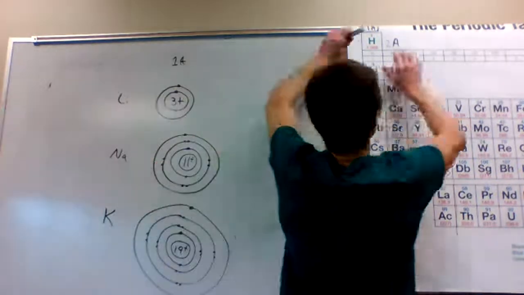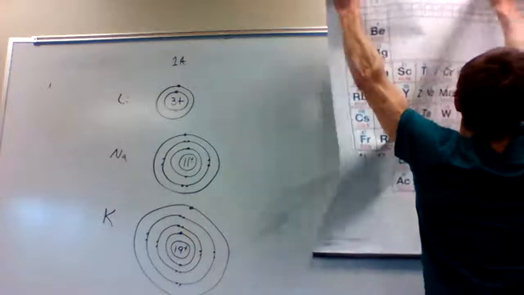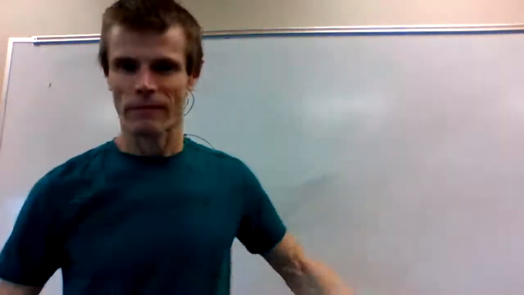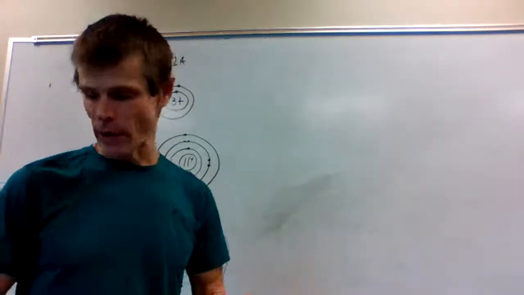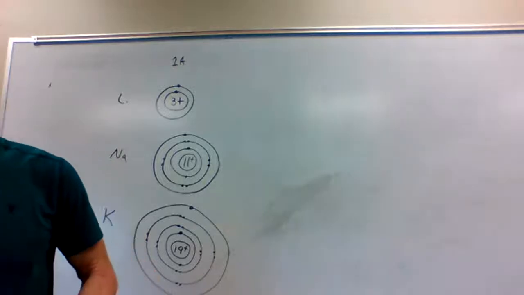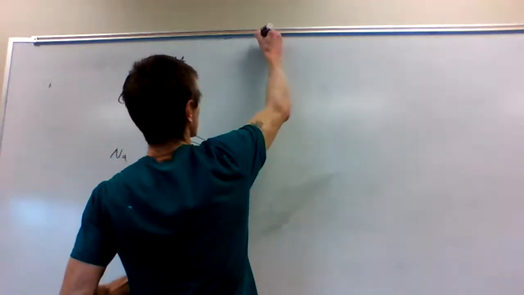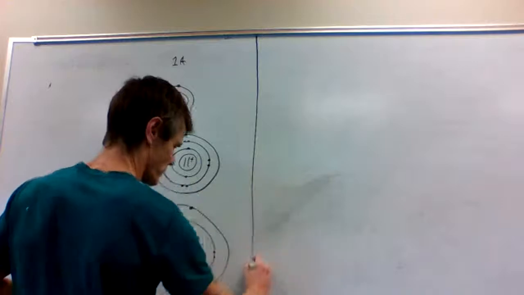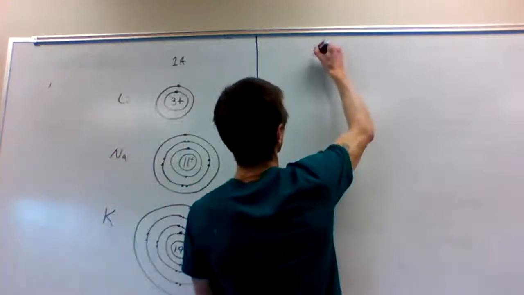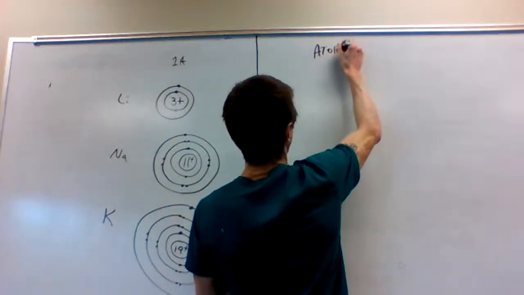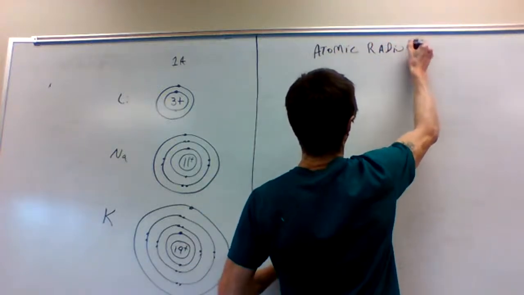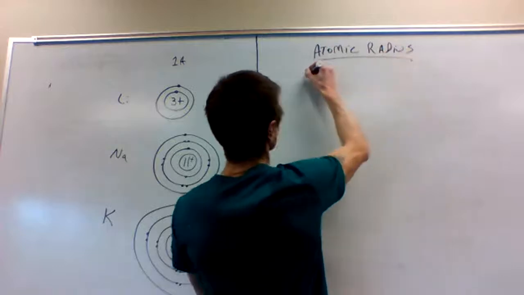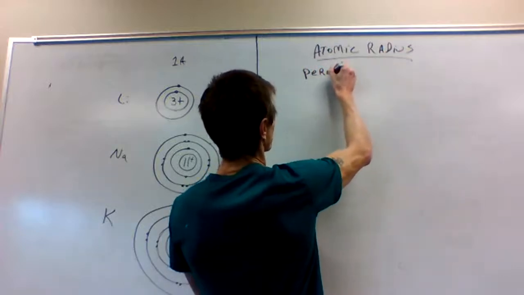And let's discuss atomic radius. And that's a second periodic trend we're going to look at. I'm going to leave this up right here. Atomic radius. And we're going to look at the periodic trend in atomic radius.